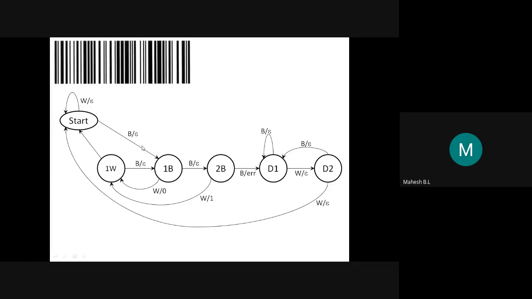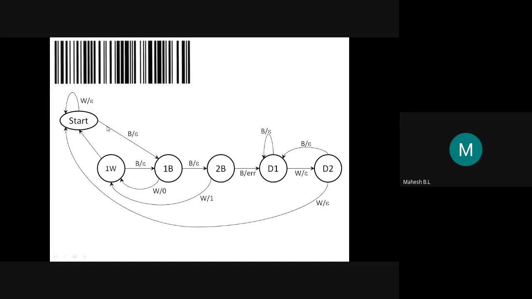Then once you receive a black, you don't output anything. Output is epsilon. If that black is followed by white, the output is 0. That means a single black column. White is the delimiter for black. So a single black column is encoded as 0.